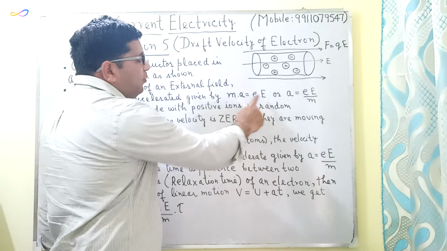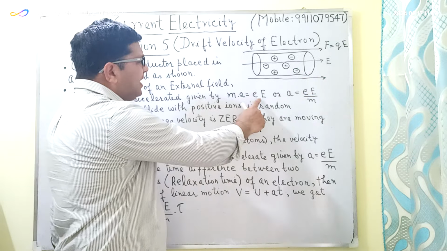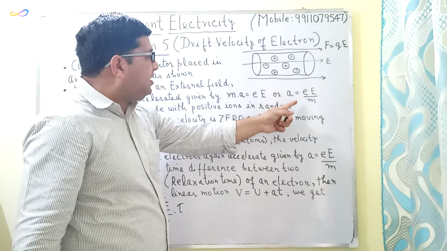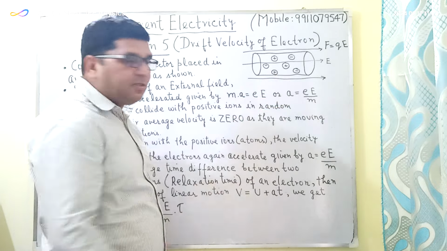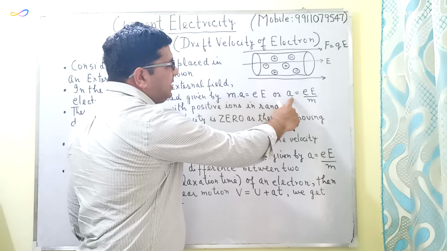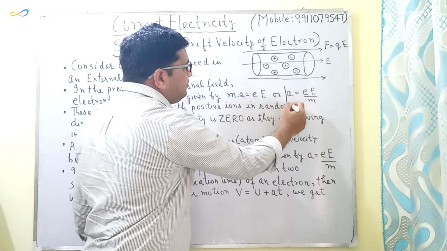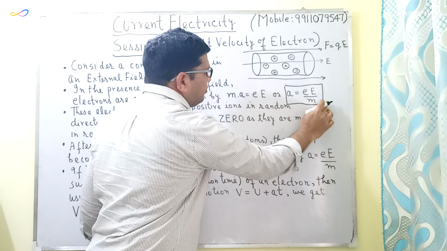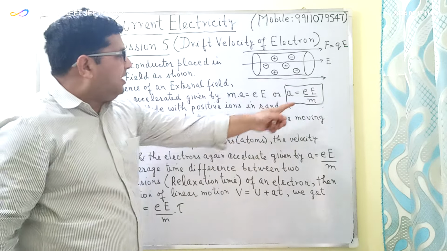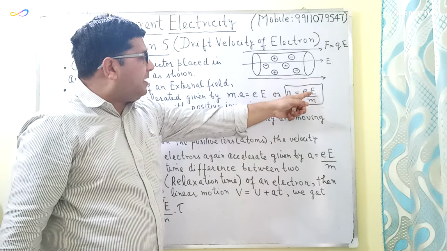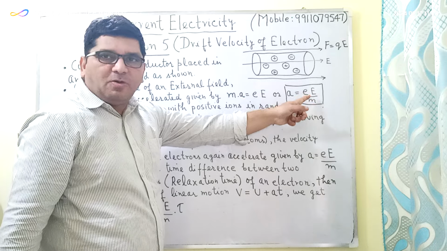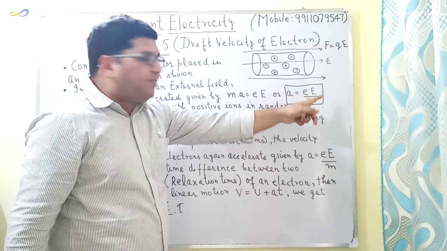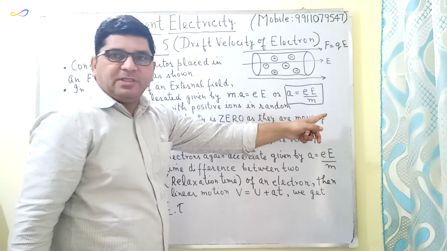Because of this electrostatic force, these electrons will acquire an acceleration given by this formula, that is a = eE/m, where e is the charge of the electron, E is the intensity of the electric field, and m is the mass of the electron.